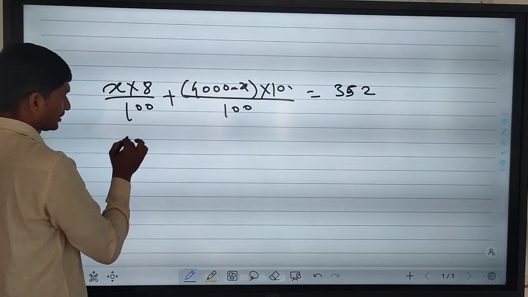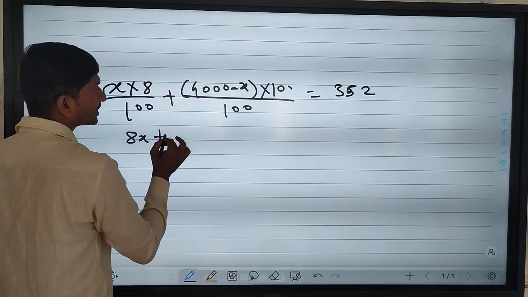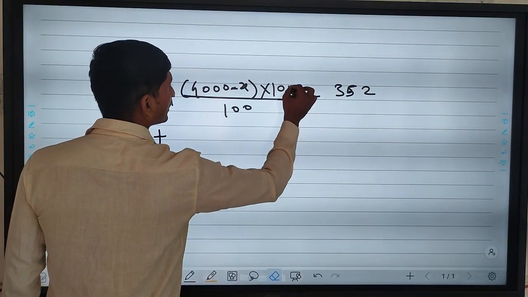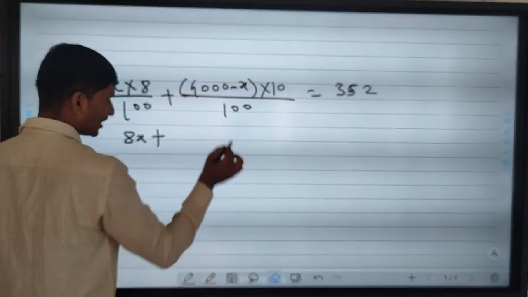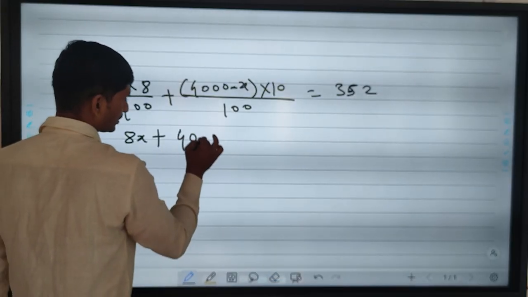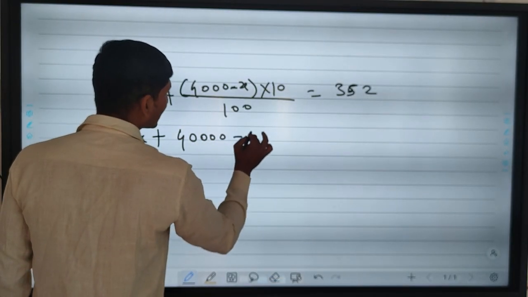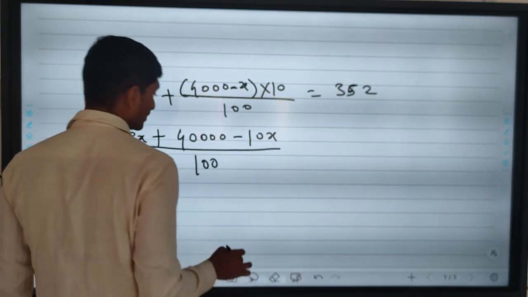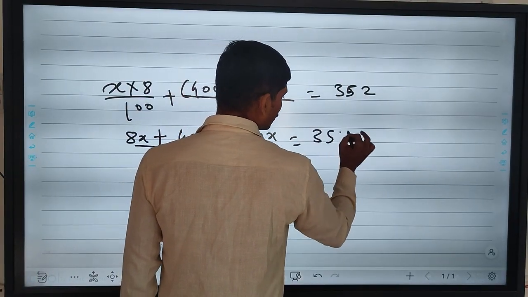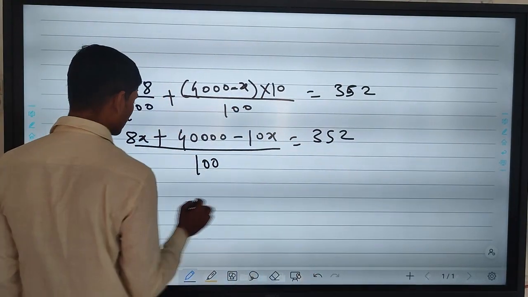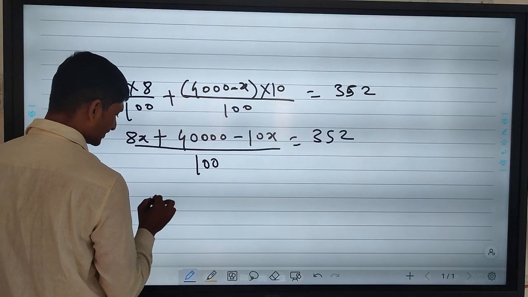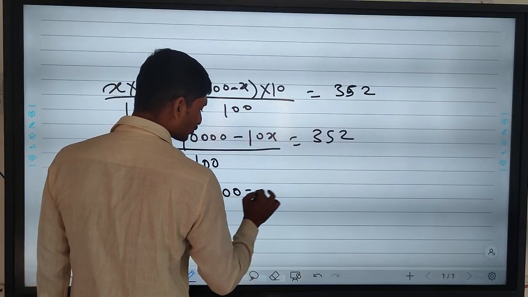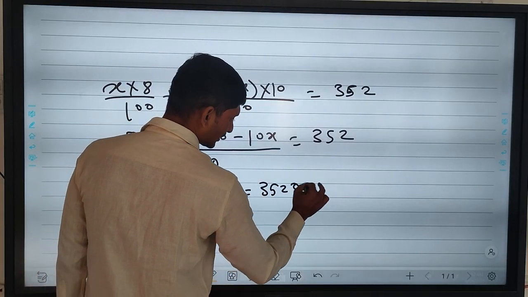Now here, 8x plus 40,000 minus 10x, divided by 100, is equal to 352. Now the 100 becomes a multiplier: 8x minus 10x, which is minus 2x, plus 40,000 is equal to 35,200.